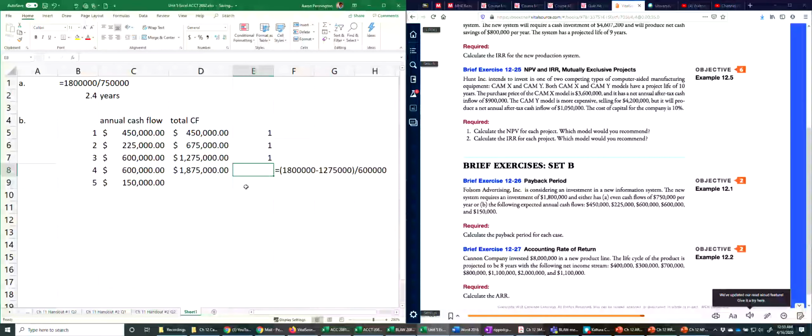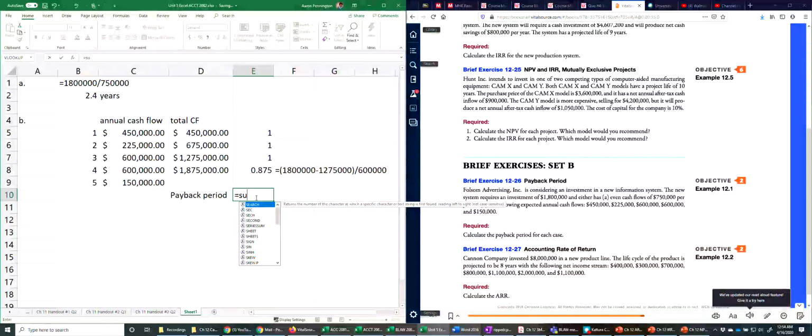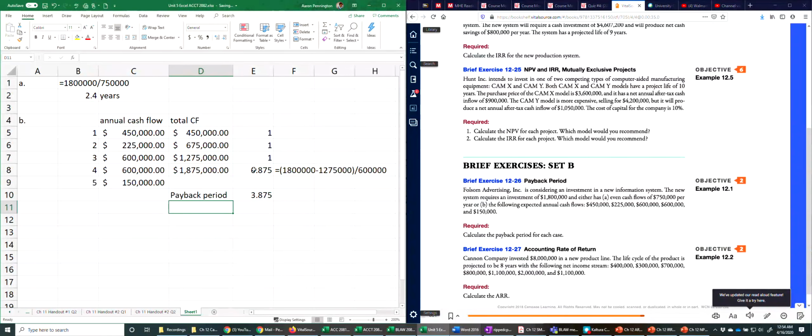And when we do that, we'll get a decimal. All right. 0.875. All right. So your payback period is just 3.875 years.